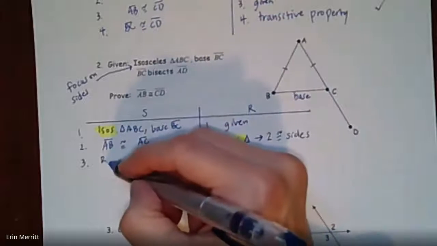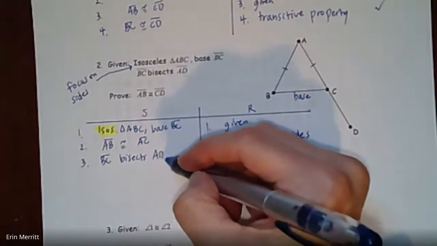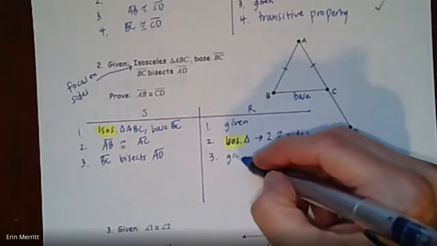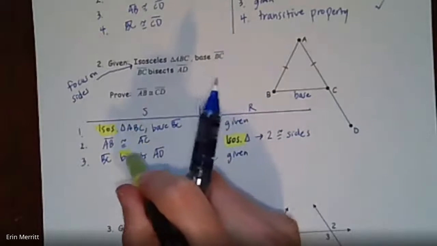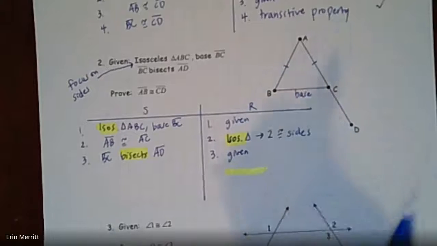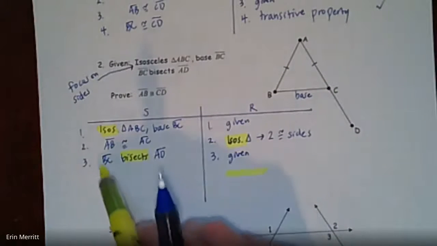So for number 3, I'm going to say that BC bisects segment AD because it's given. All right, I've got a vocab term again. So bisects right here. That means I'm going to be saying that down here. But a bisector could be angle or it could be segment. So you got to read carefully.